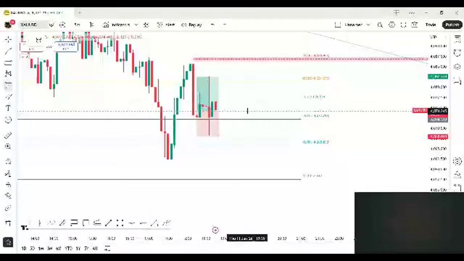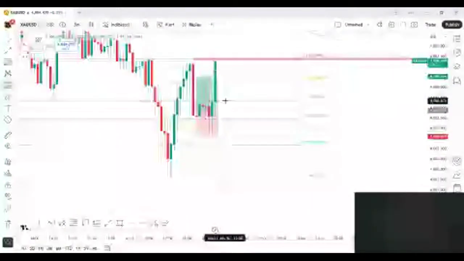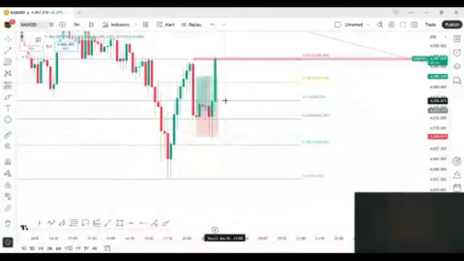So guys, from here I think close your buys if you have buys, because we're getting a little bit of confirmation here. The market is just losing its momentum. If you have any buys open, close them. Let it be. TP is hit. Close your buys if you have any trade running.